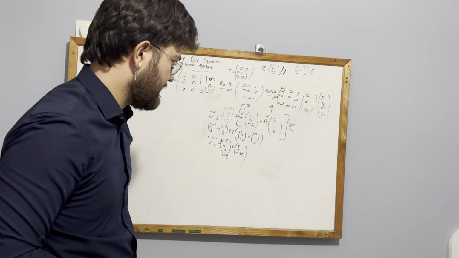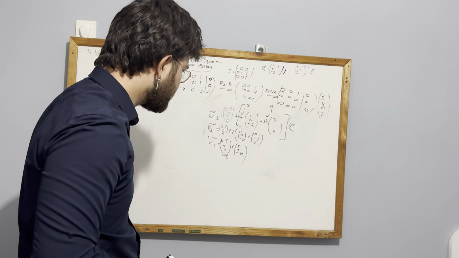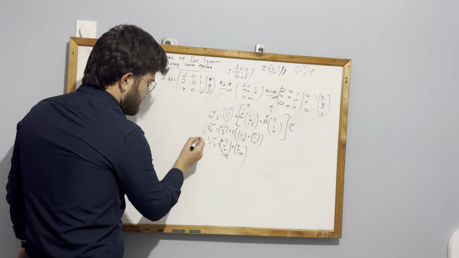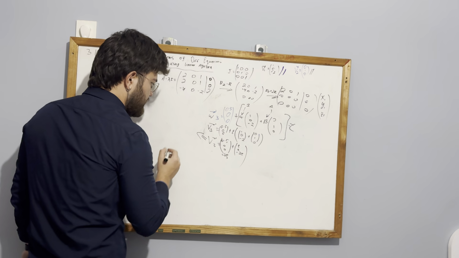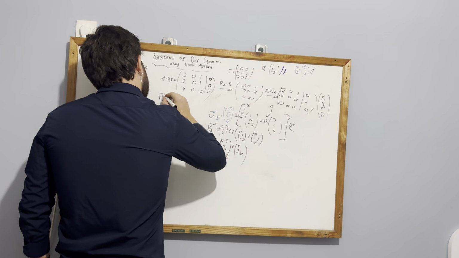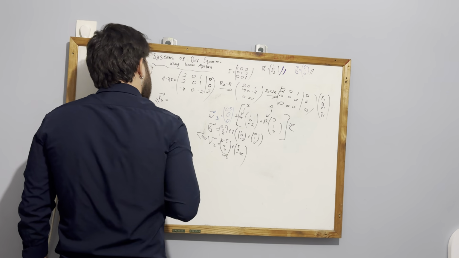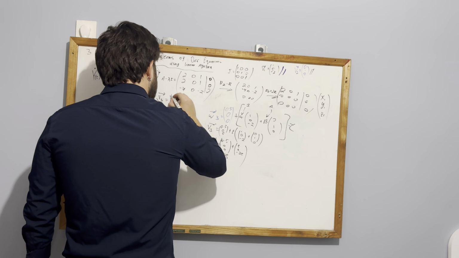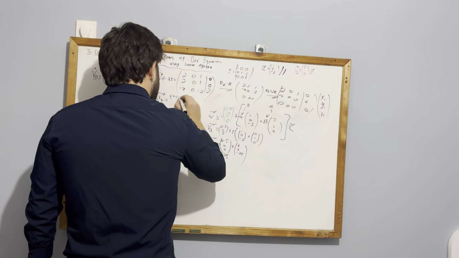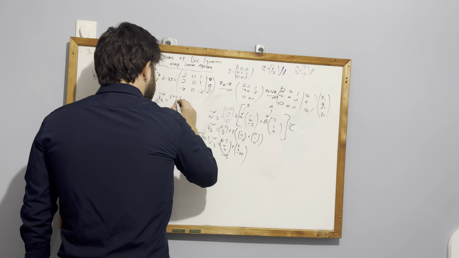Just like that. Okay? So what does it mean? Let's add everything again. So the third vector for final this time is set to be t plus a half, t and -2t.